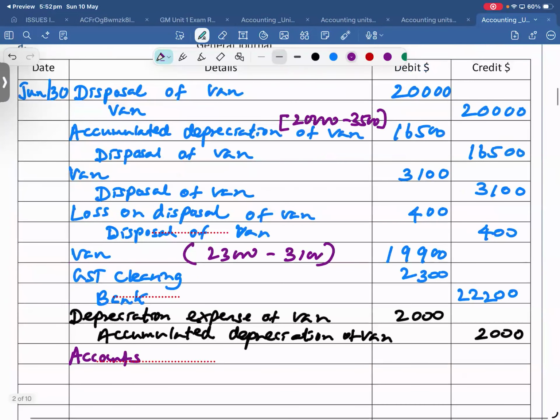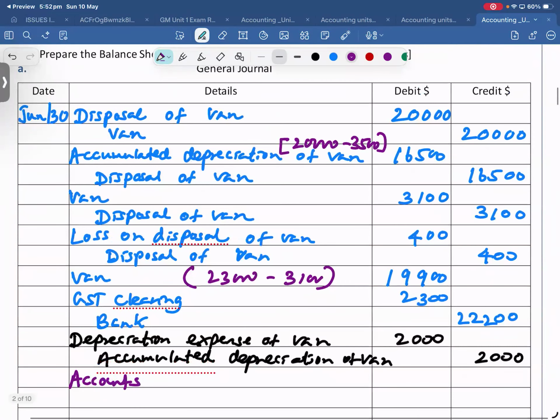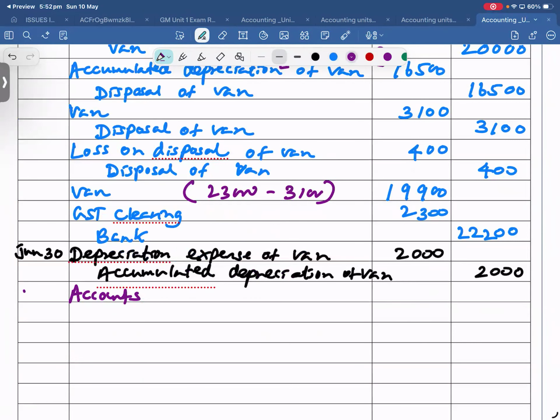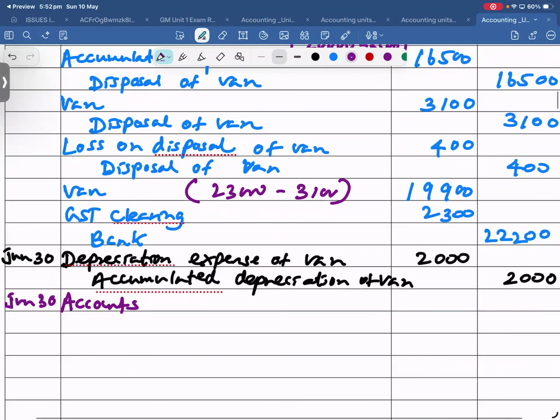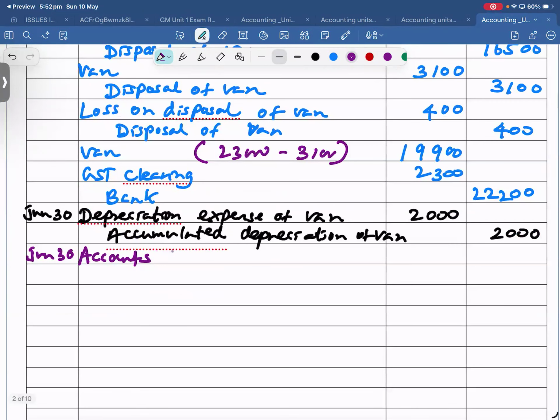June 30th. And this one, June 30th again. Accounts receivable. How much? 3,400.